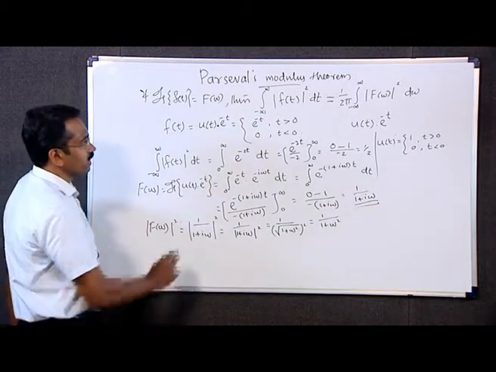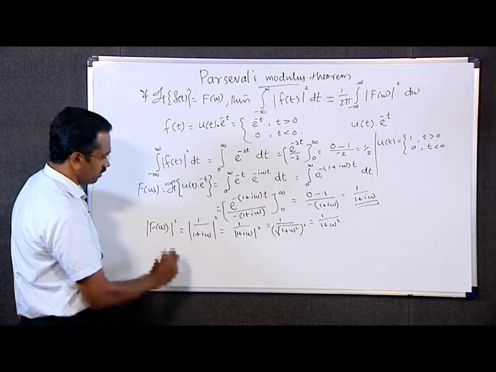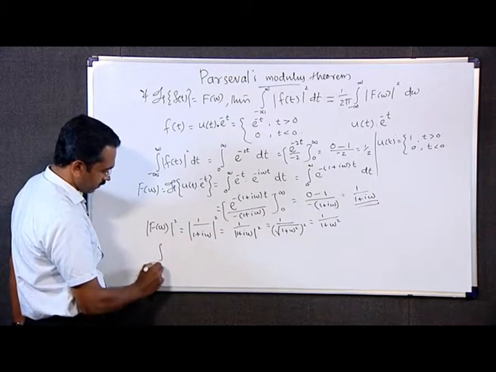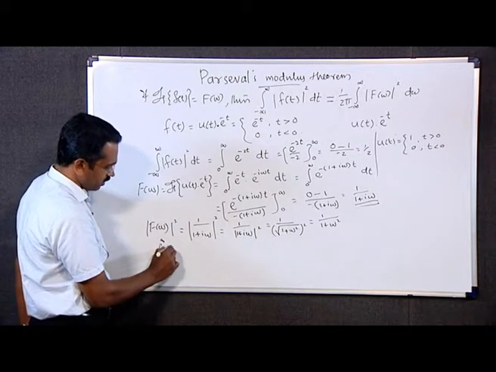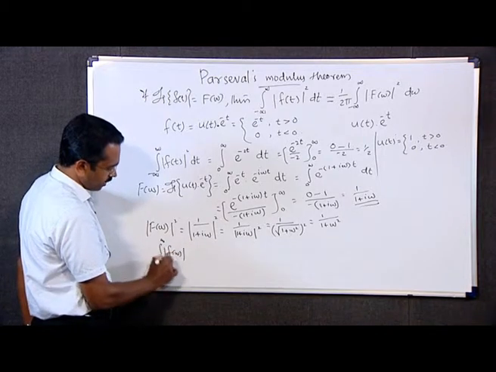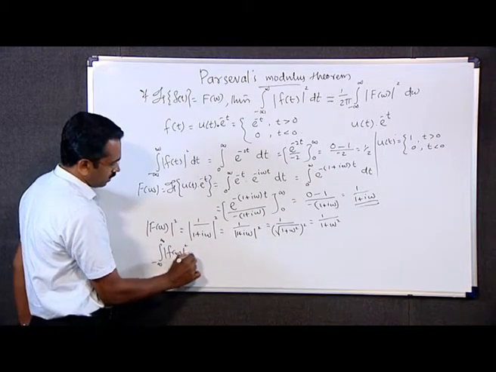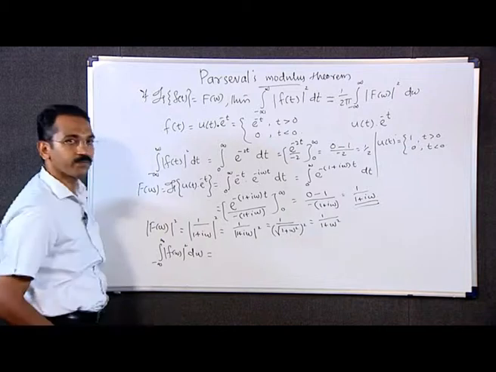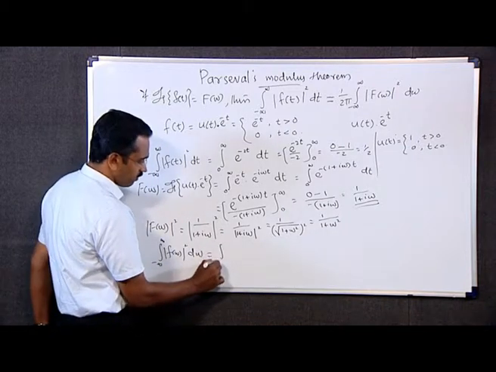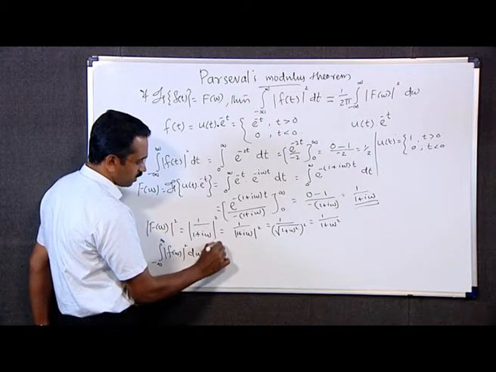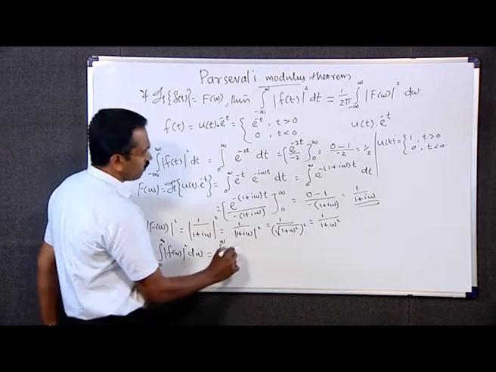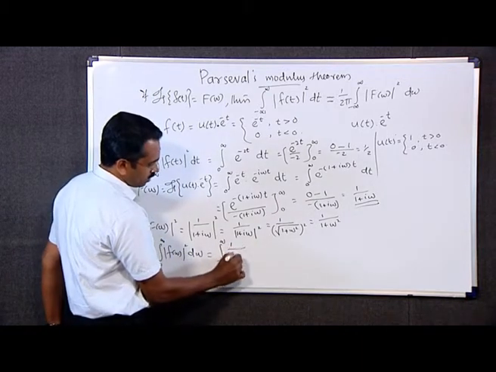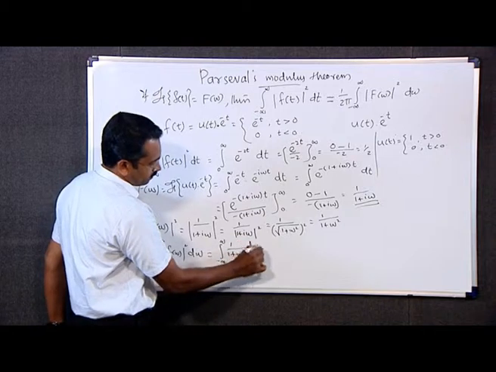Now, integrating with respect to ω, we get integral from minus infinity to infinity modulus of f of ω square dω is equal to integral from minus infinity to infinity 1 by 1 plus ω square dω.